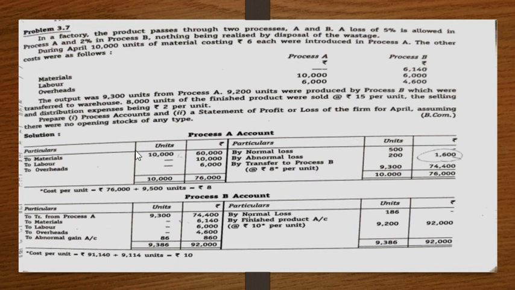The column towards your left hand side is your input, or you can also consider your debit column as your input and your credit column as your output. So your debit items will all be your inputs and your credit side will all be your outputs. All your expenses and the units which are introduced will be on your debit side, that is your input side, and all the outputs, normal loss, abnormal loss, will be in your output column.